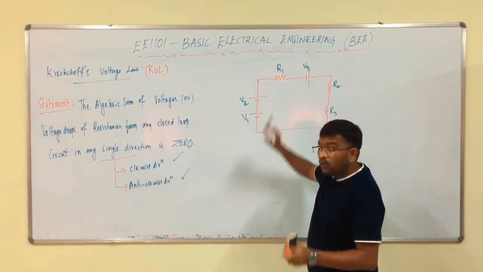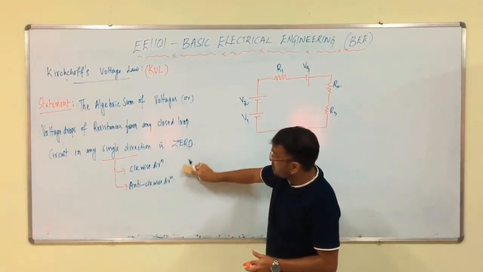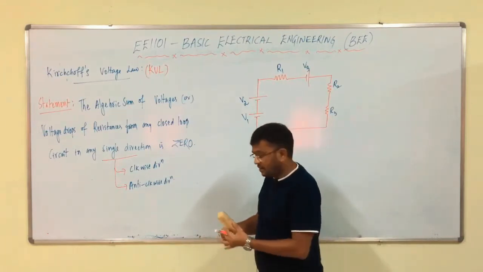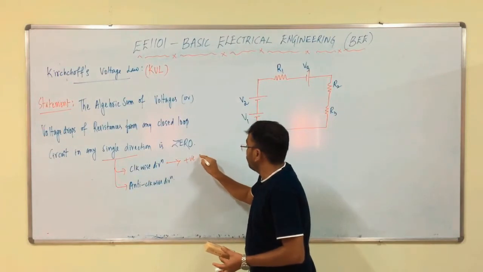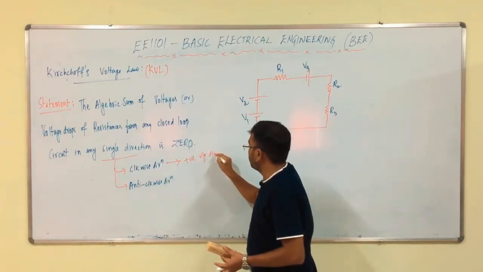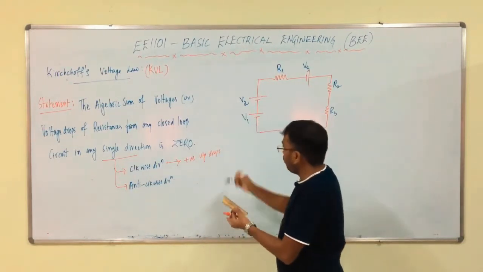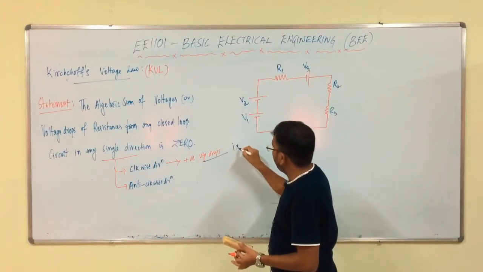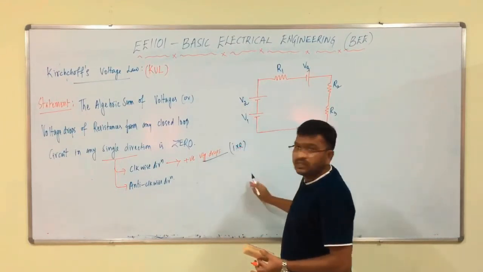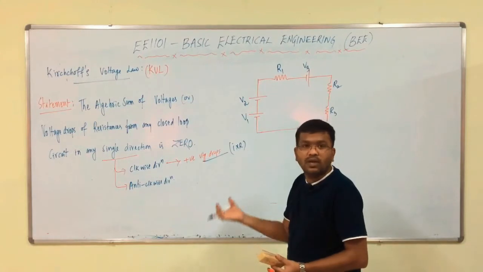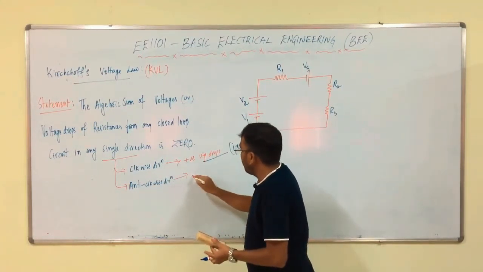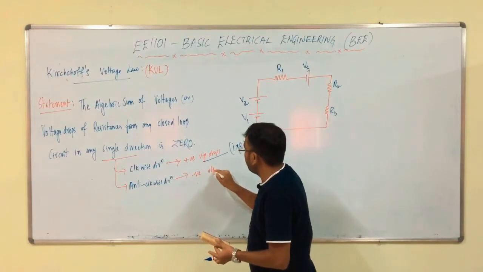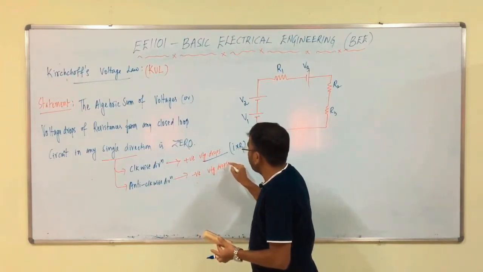For clockwise direction of current, we assume positive voltage drops. Voltage drop means V is equal to I into R, that is nothing but voltage drop. In the case of anti-clockwise direction, we have to assume negative voltage drops.